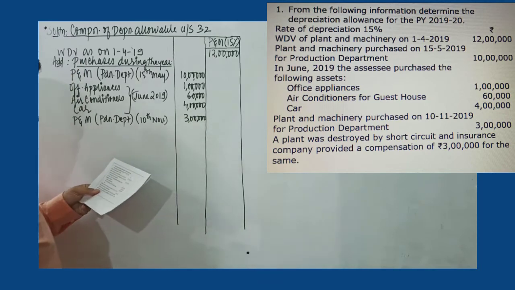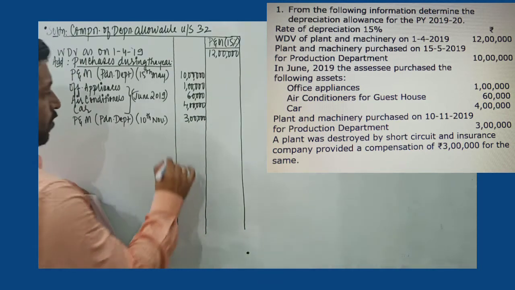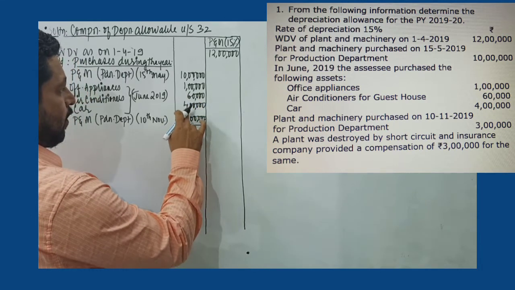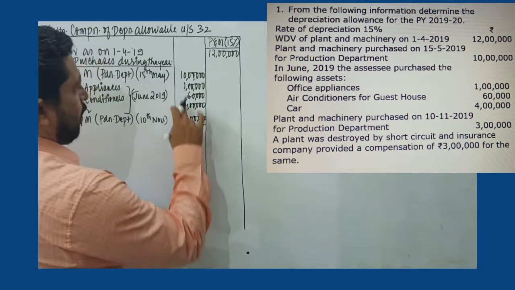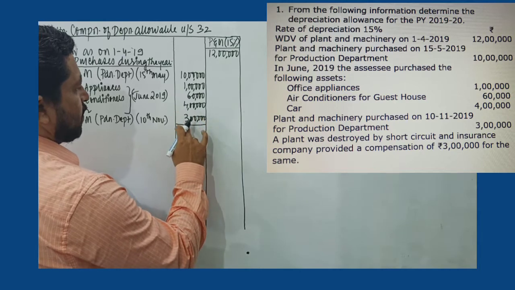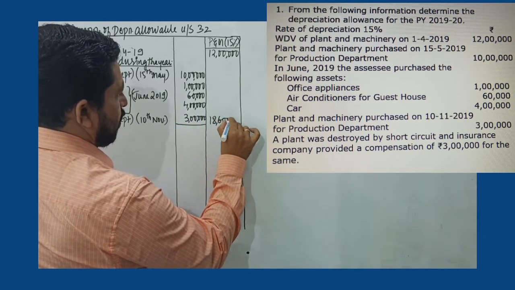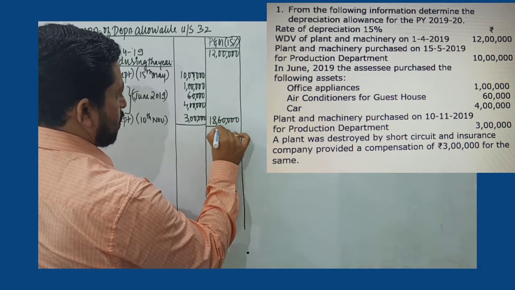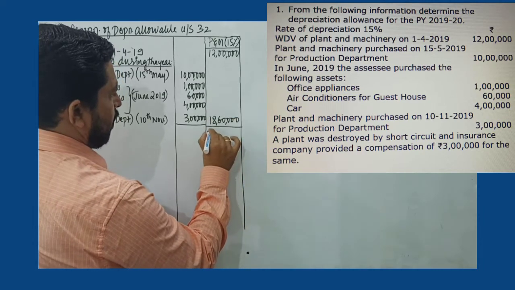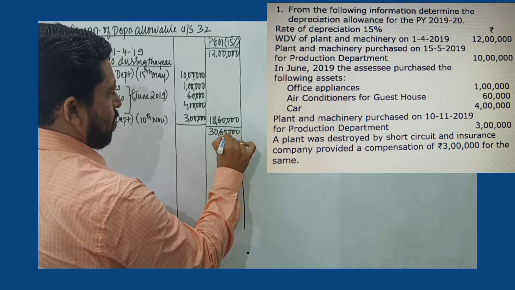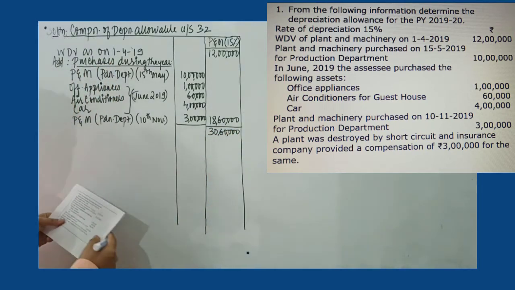Then the plant was destroyed, so there are no other purchases. So I can add up all: 10, 11, 15, 18 lakh 60,000 worth plant and machinery was purchased. So total value would be 30 lakh 60,000.